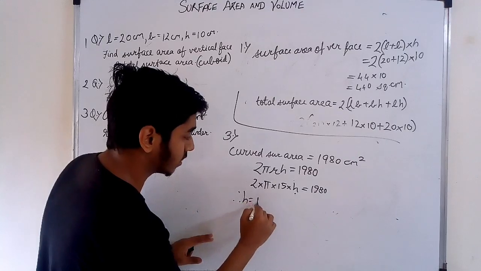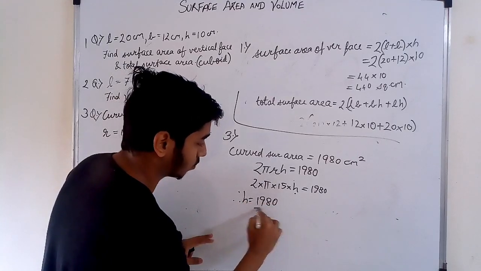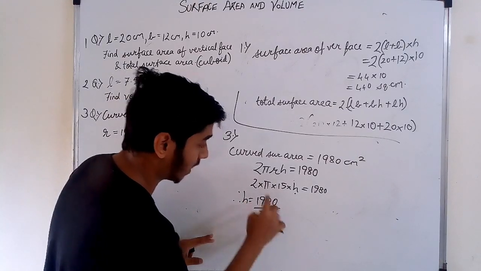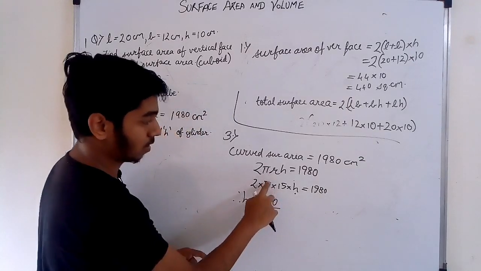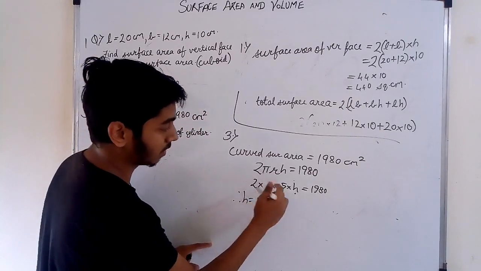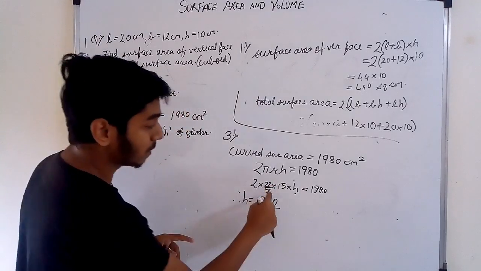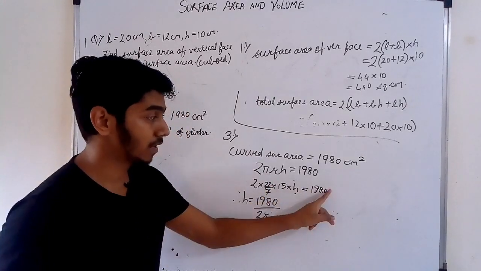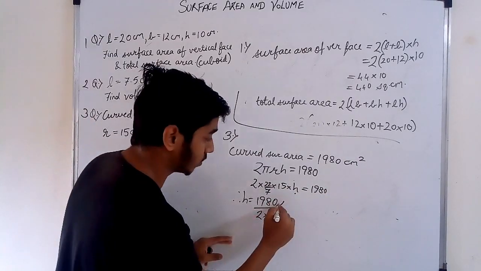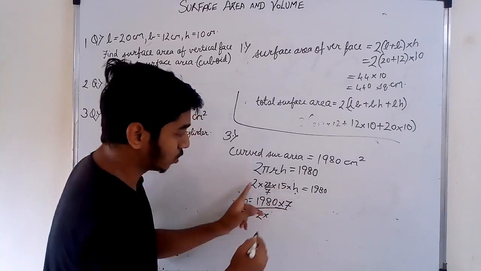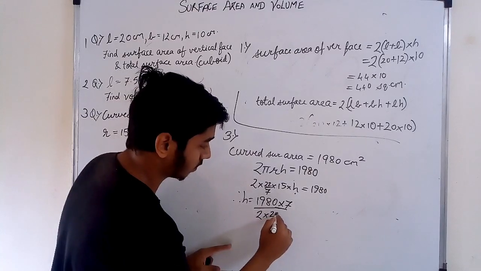Therefore h is equal to 1980 upon 2 into pi. Pi is what? You can write this pi here itself as 22 upon 7. So this will become 7 into 1980 upon 2 into 22 into 15.